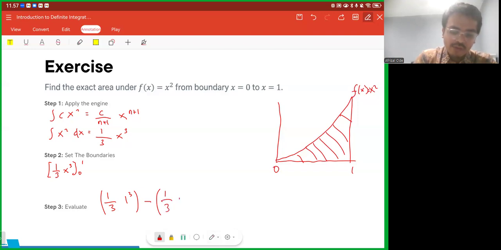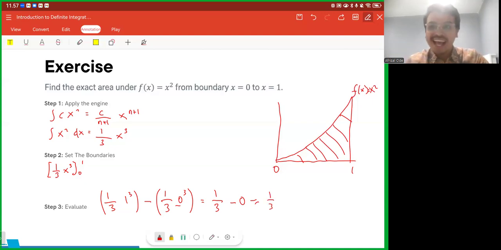So we have 0 cubed. What's the answer? It's 1, so we have 1/3, and substituted by 0 because we have 0 over here. So our final answer is 1/3. So we can conclude that the measure of the area over here is 1/3 unit, depending on what unit we're going to use. It's pretty simple, right? All right.